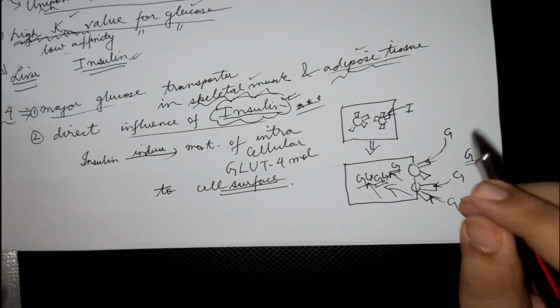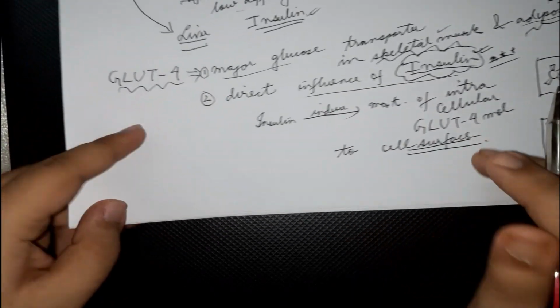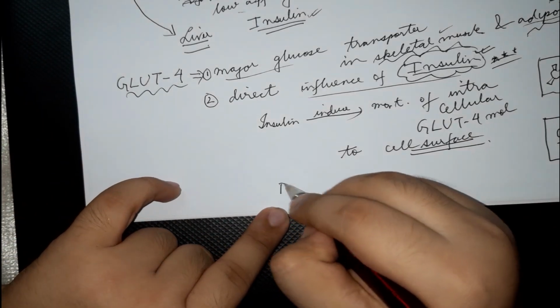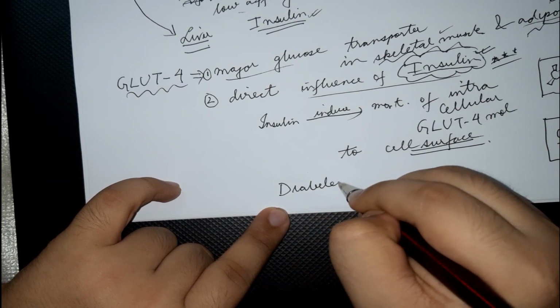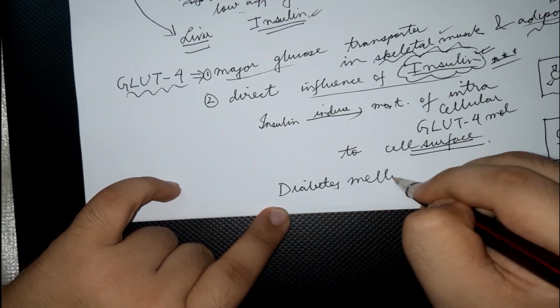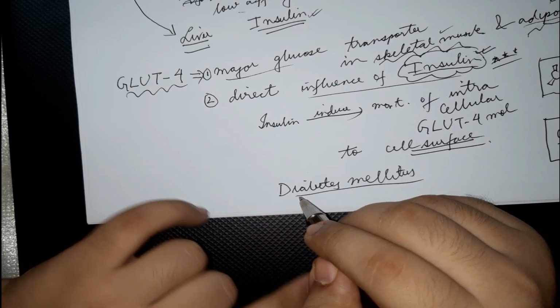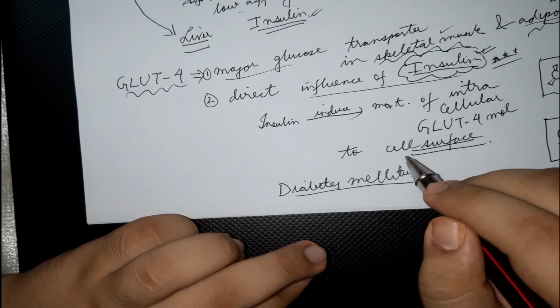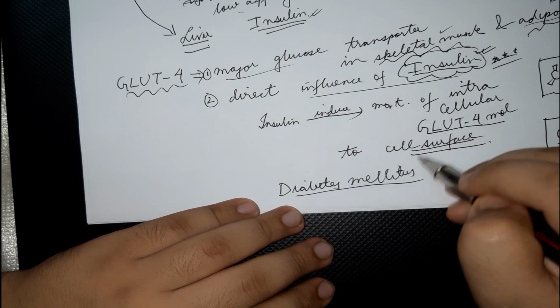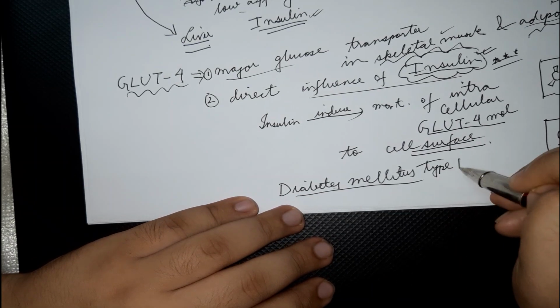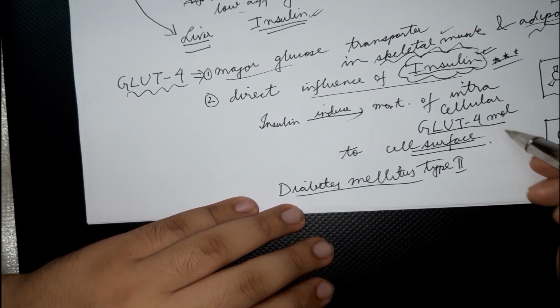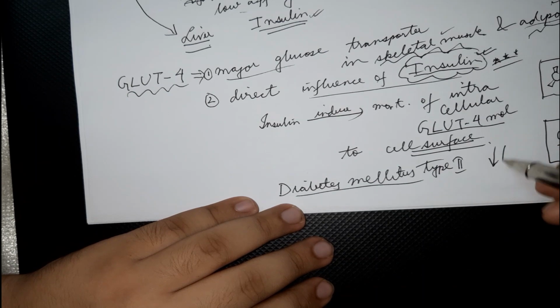Now in diabetes mellitus, obviously it has different types. I'm talking about type 2. In type 2 diabetes mellitus, these GLUT4 molecule concentration decreases.